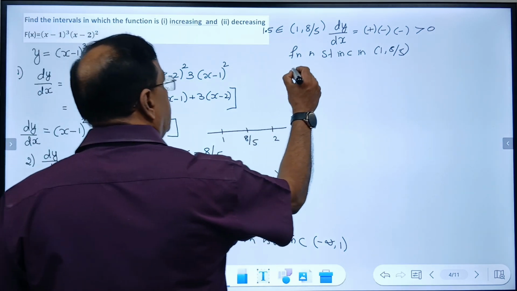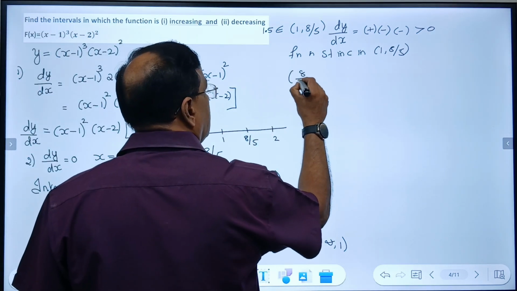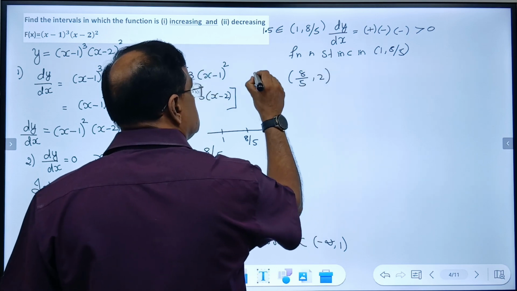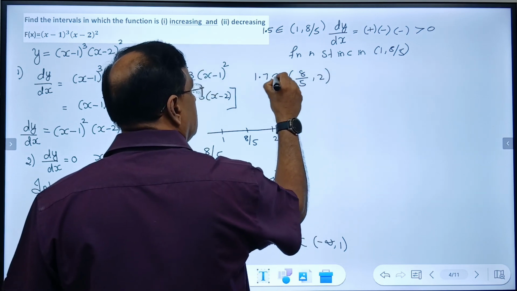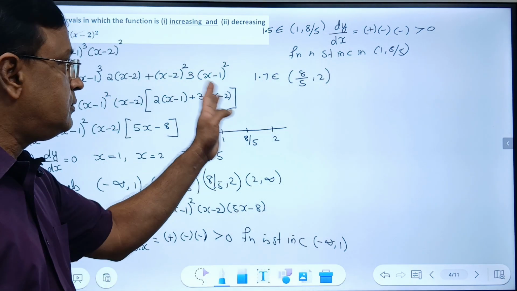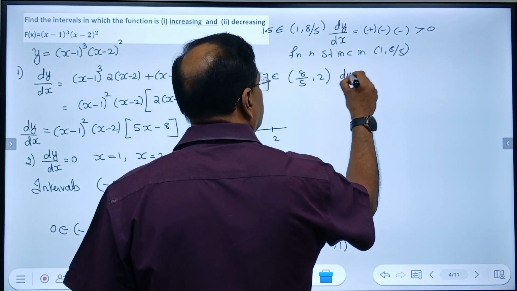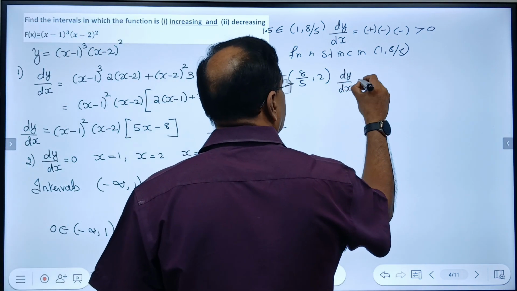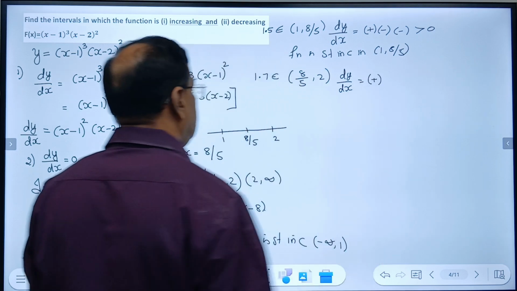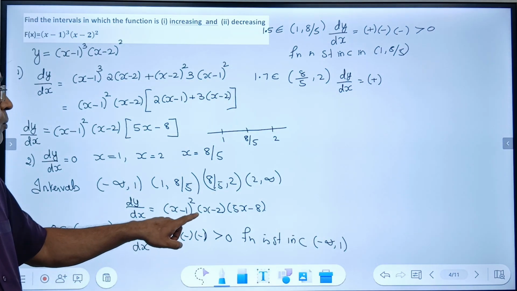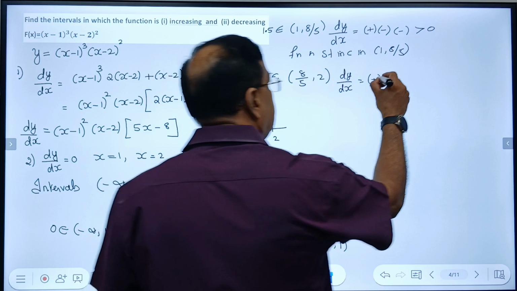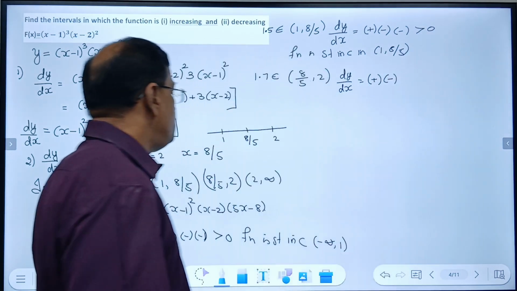Now I want to choose the interval 8 by 5 comma 2. So I can choose, say, 1.7. So what is dy by dx? The square term is going to be positive. And 1.7 minus 2 will be negative.